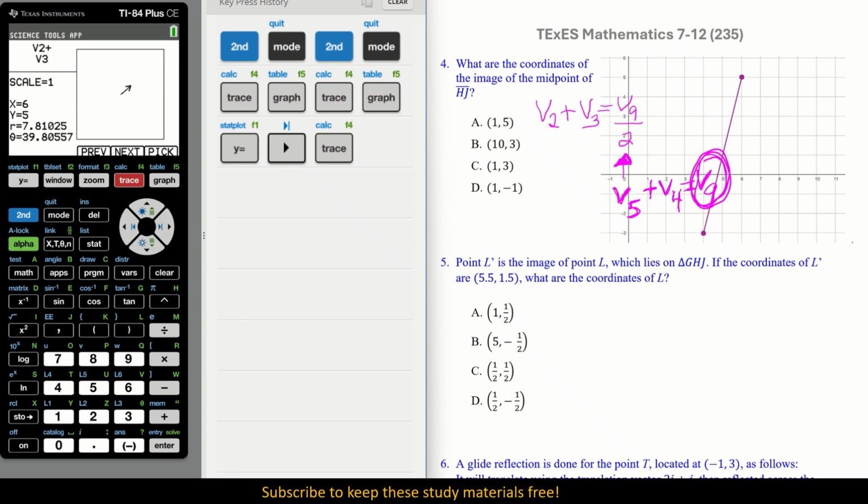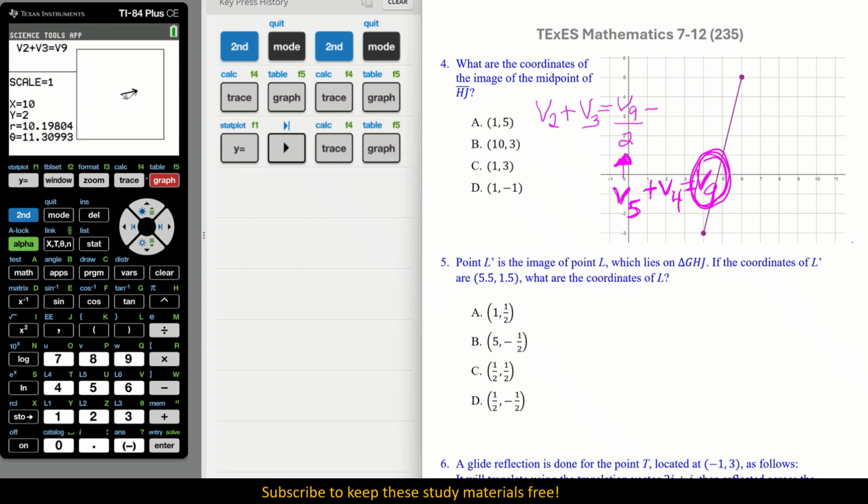So you might want to jot these things down. Okay, so I have 2 plus 3. Great. So now push graph. Oh, and I have to half those. Okay, so that is actually, well, 10 divided by 2 is 5, and 2 divided by 2 is 1.